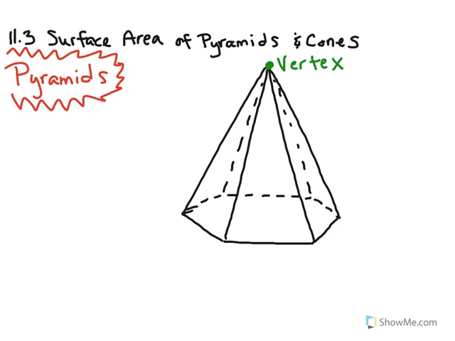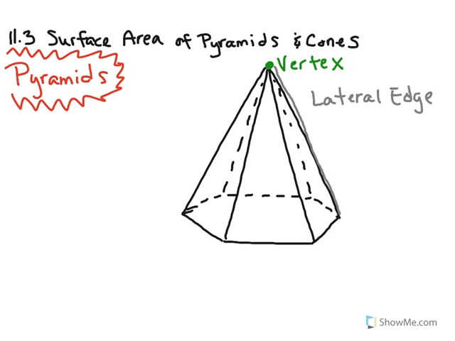Now, if you remember, lateral means the side. It's not any of the bases. So we also have lateral edges and lateral sides on this figure. A lateral edge is going to be one of these pieces right here.